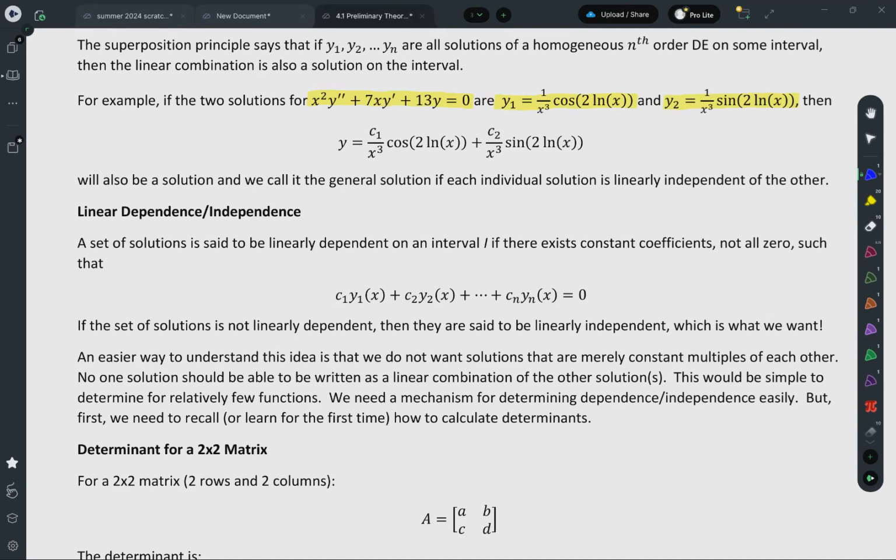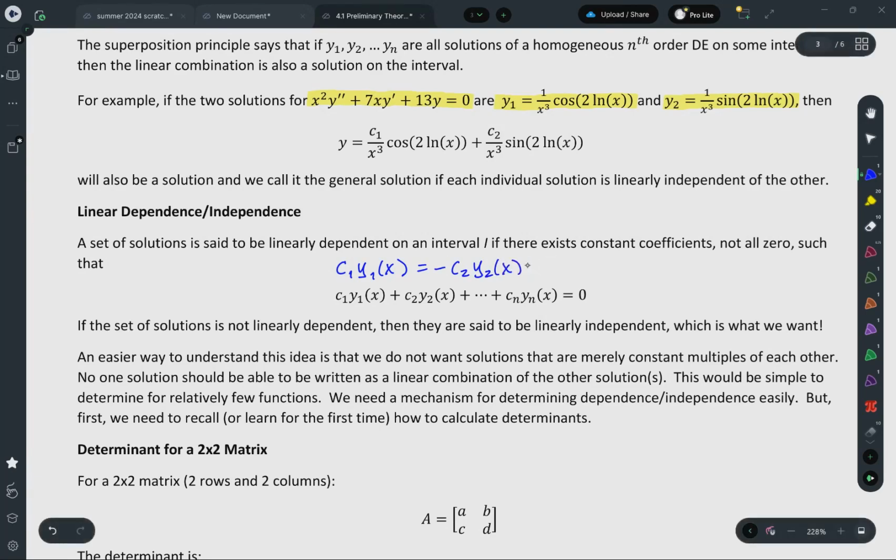And I could simply move everything except c1y1 over. Then c1y1 of x would be written as a linear combination: negative c sub 2 y sub 2 of x, minus all the guys in the middle, minus c sub n y sub n of x.